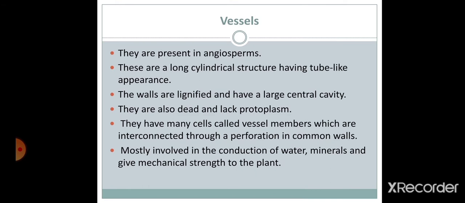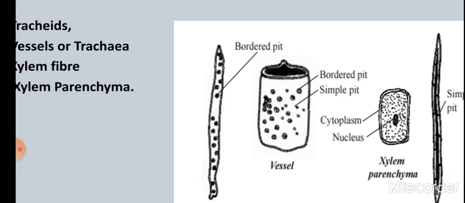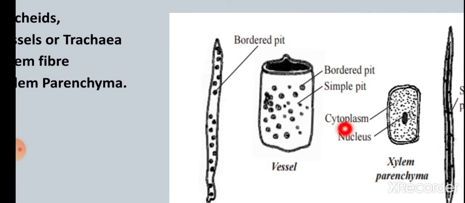Coming to the structure of the vessel now. Here you will see the structure of the vessel. These vessels are rows of elongated cylindrical tube-like structures with hard, thick, lignified walls and a wide lumen. They measure about 2 to 140 mm in length, but some vessels measure about 2 meters.